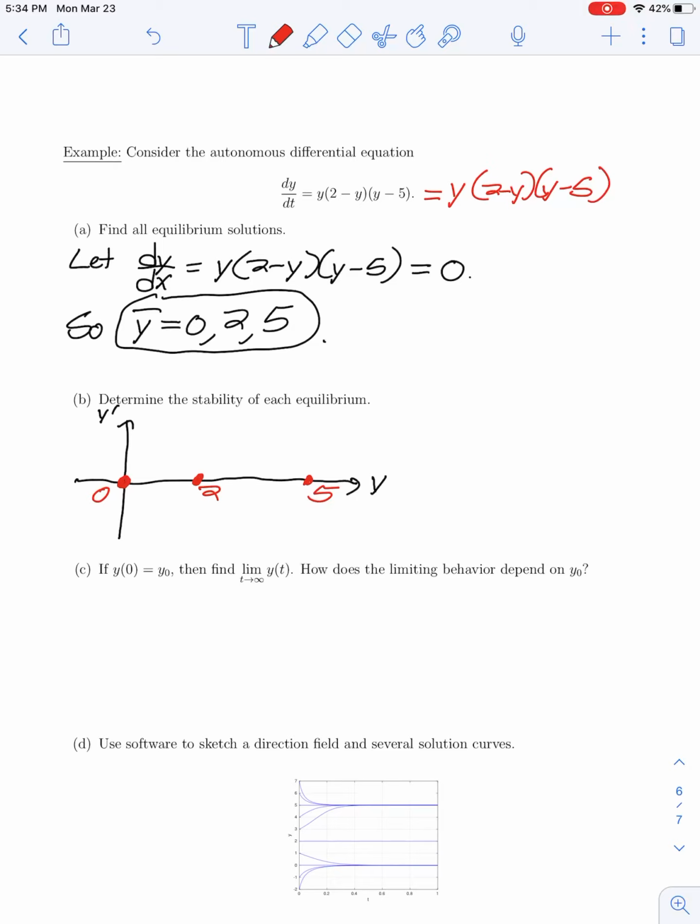So let's start by choosing some specific values of y to determine where our function might be increasing or decreasing. So I'll start by looking within the interval between 0 and 2. A good test value in that interval might be 1. If I were to plug 1 into my function, I would have 1 times (2 minus 1) times (1 minus 5).